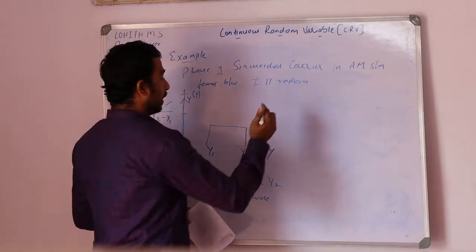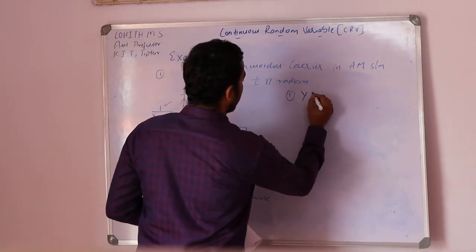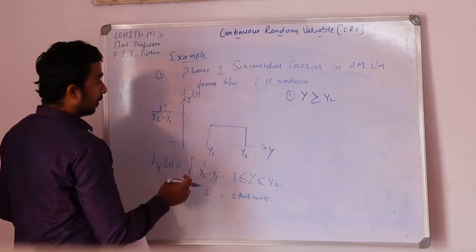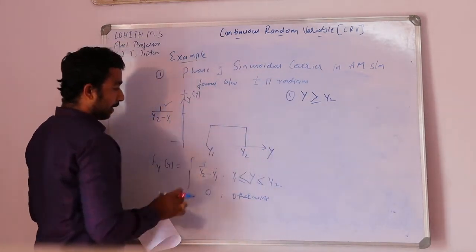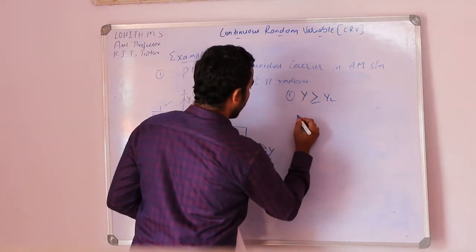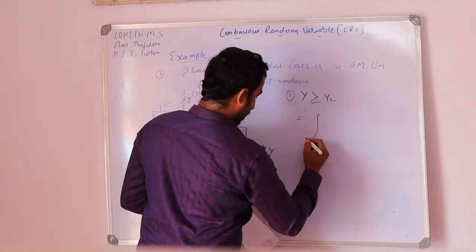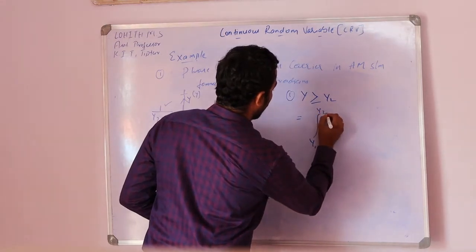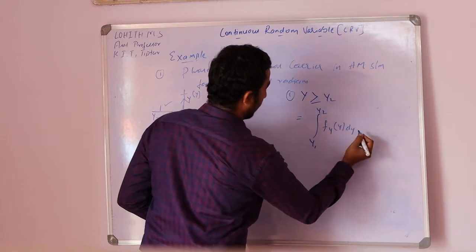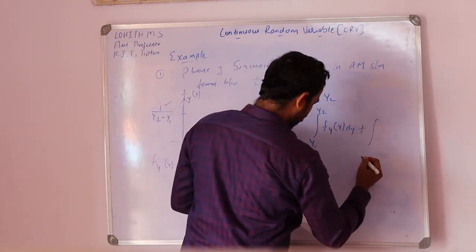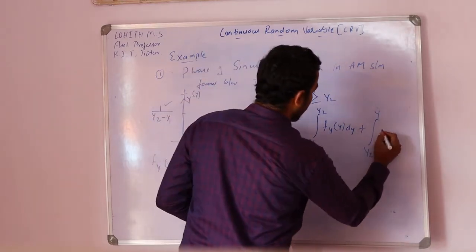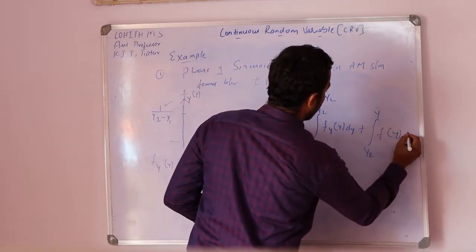If the probability is y greater than or equal to y2, we can write it as the integral from y1 to y2 of f y of y dy, plus the integral from y2 to y of f of y dy.